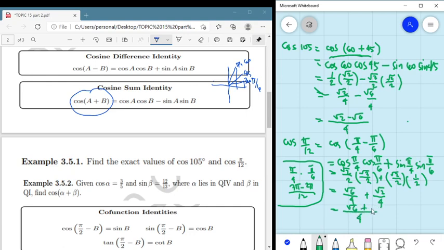We cannot combine, or we cannot add, square root of 6 and square root of 2. So therefore, the answer for cosine of pi over 12 is square root of 6 plus the square root of 2 all over 4, while cosine of 105 is equal to square root of 2 minus square root of 6 all over 4.